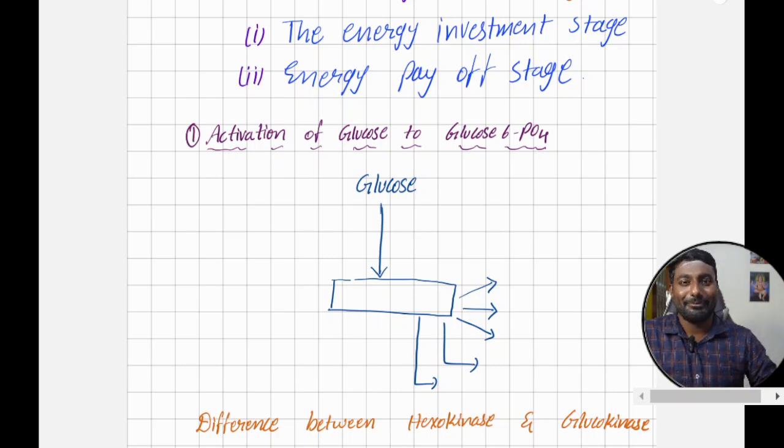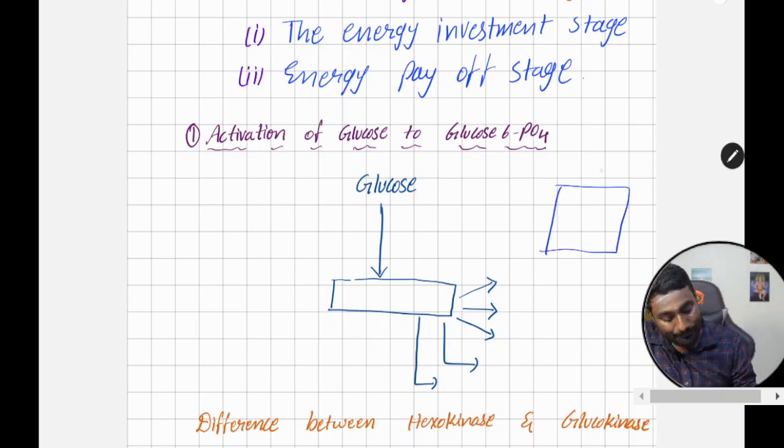She will immediately go and bring some snacks and keep them there. So what exactly is happening is we are trapping the neighbor. Okay, in the same way, once glucose enters into the cell through the glucose transporter, glucose is getting trapped in the form of glucose 6 phosphate.